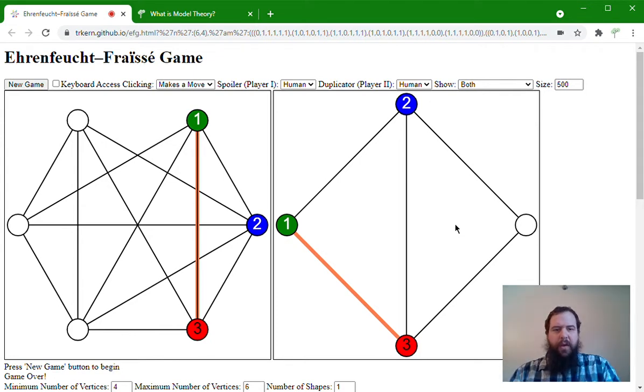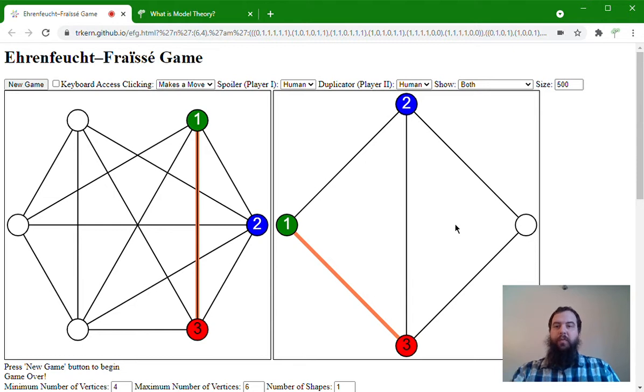It's worth noting that if you're technically playing a proper Ehrenfeucht-Fraïssé game, you are allowed to play at the same vertex. You're allowed to play at a vertex that's already been picked. But if we're going to add that condition onto the game, it makes the game harder to play, it makes the game harder to reason about, and it's never actually a strategically beneficial move for either player to make.